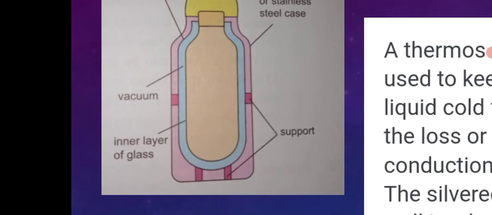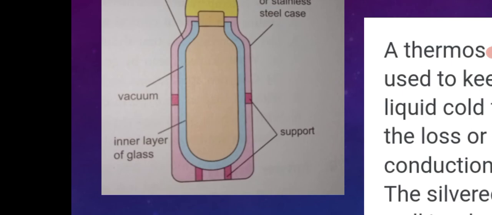And the second method, that is convection. Between the two layers we create a vacuum. So there is no air, and heat does not travel by convection. The third method is radiation. The inner wall of the bottle is polished with black color or silvery color.